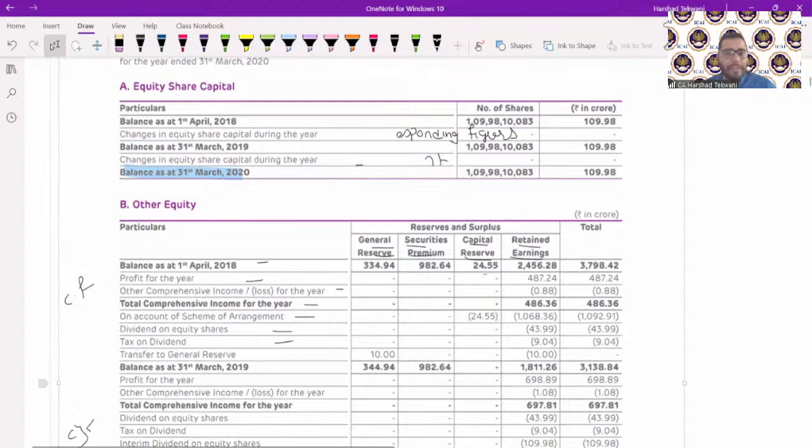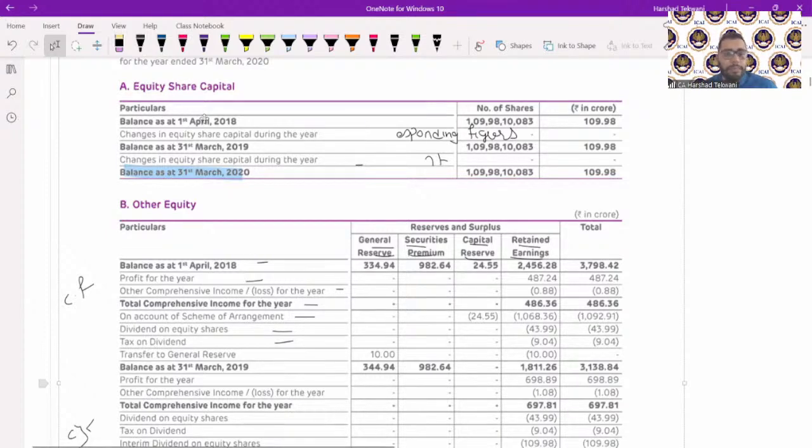During that, there can be a change in equity share capital, of any nature. If you have issued more equity share capital, or if there is a buyback or reduction in share capital, all these changes are shown here. In this case particularly, there is no change, and hence none has been disclosed.